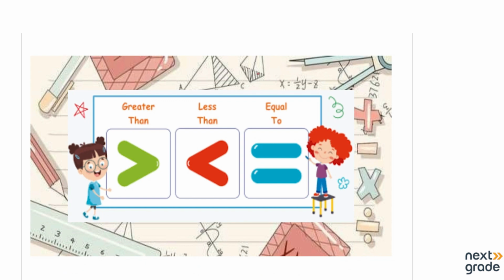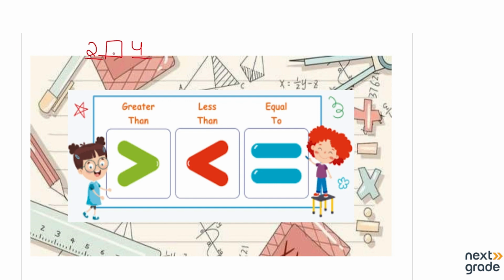If we have two numbers, for example 2 and 4, I have to compare these two numbers and tell which one is greater, which one is smaller, or whether they are equal or not, right? In this case we can say 2 is less and 4 is greater.